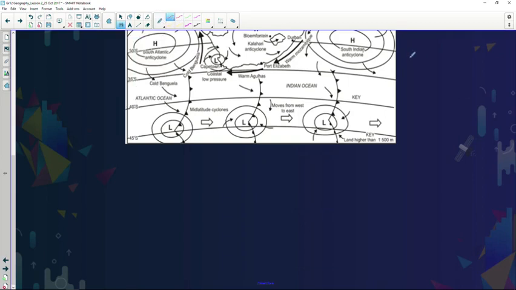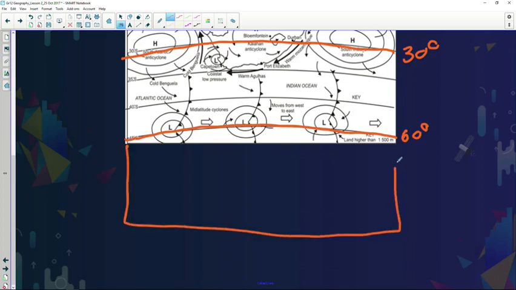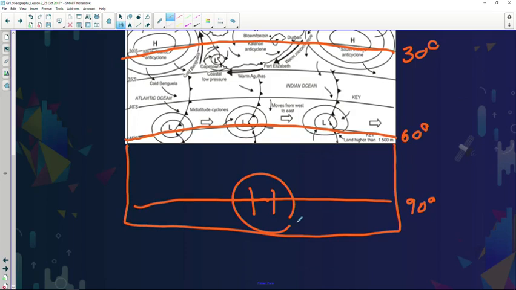So, this high pressure belt is a subtropical high pressure belt that you see over here. And then over here, we have the 60-degree subpolar low pressure belt. And let's just extend this like over here. There's the 90-degree polar high pressure belt. Now, as you can see, the isobars are oval in shape.